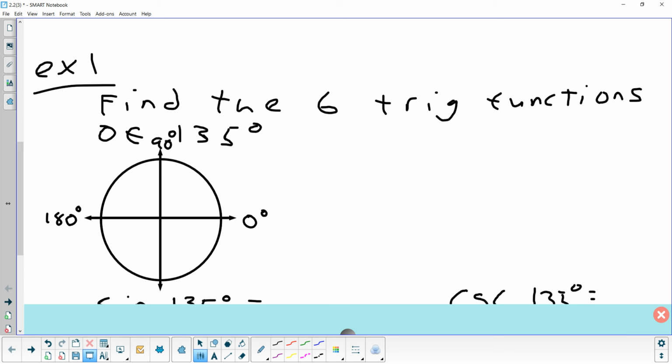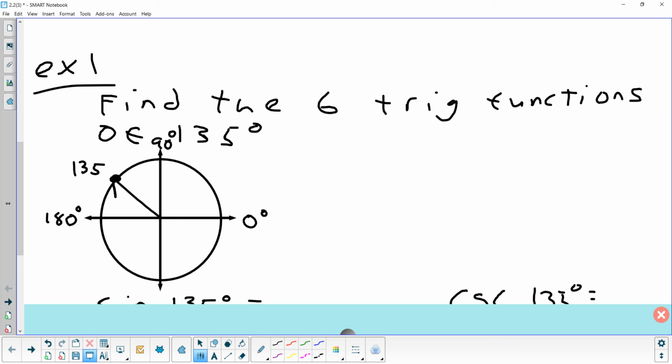Yeah, Raymond? Would it be in the middle of 180 and 90 degrees? Yeah, it's exactly in the middle between 180 and 90. Okay, the 3 choices you're going to have for where to put the dot today, it's either going to be right in the middle, closer to one of the axes, or closer to the other axis. Okay, in this case, it's right in the middle. So that's 135.